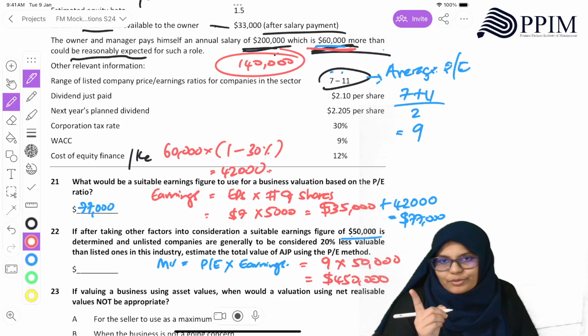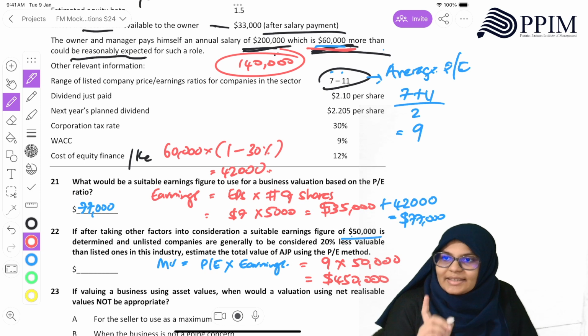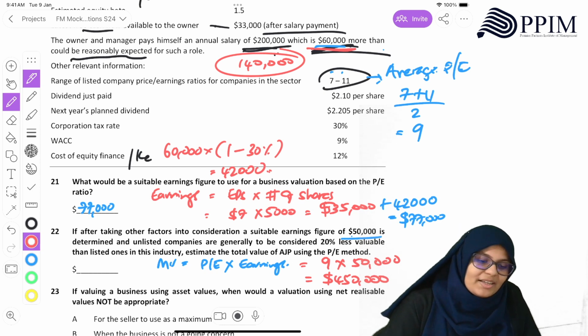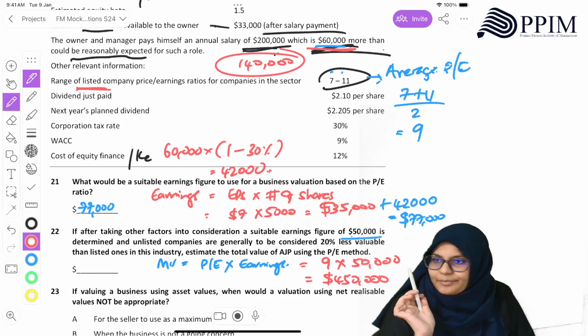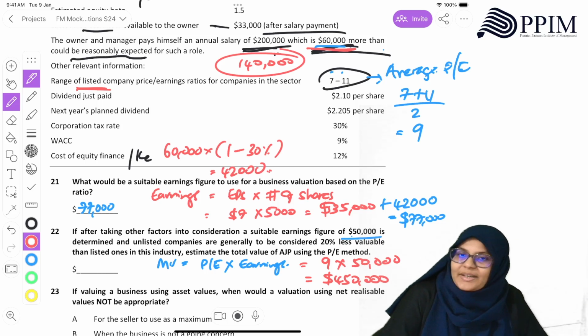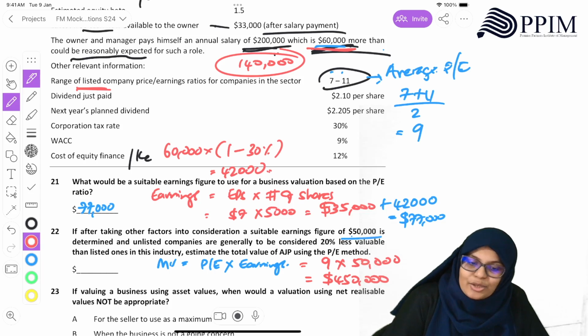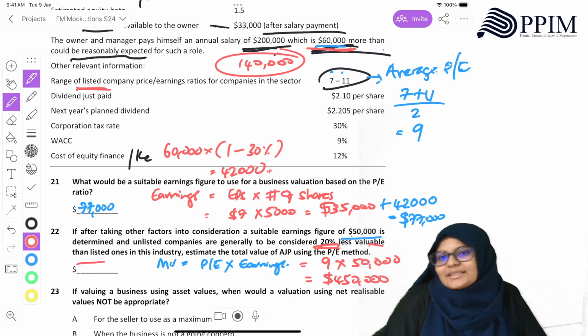But be careful, because 9 is the PE ratio of a listed company. So if this company was listed, then the market value would be 450,000. No two words about that. But they are saying usually unlisted companies are 20% less valuable than listed companies.